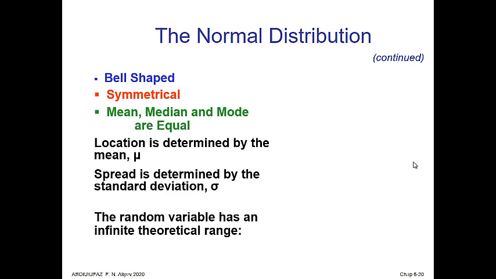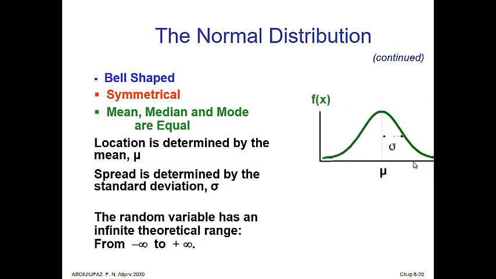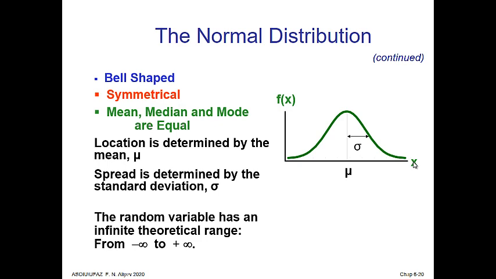It means that the values of x for this distribution can be any real number from negative infinity to positive infinity. This is the graph of the normal distribution.